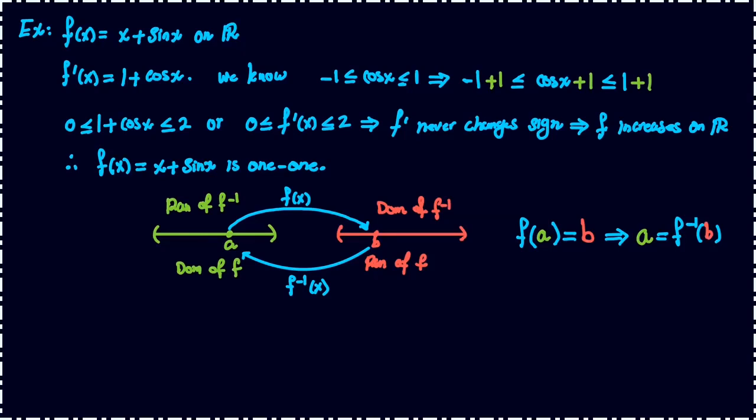Basically, again, f and f inverse, they switch their inputs and their outputs. As you see, a is the input of f, but at the same time, a is the output of f inverse. Likewise, b is the output of f, but at the same time, b is the input of f inverse.